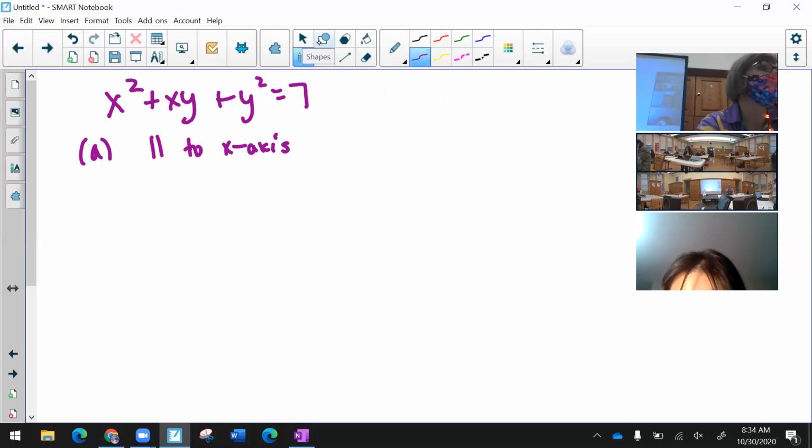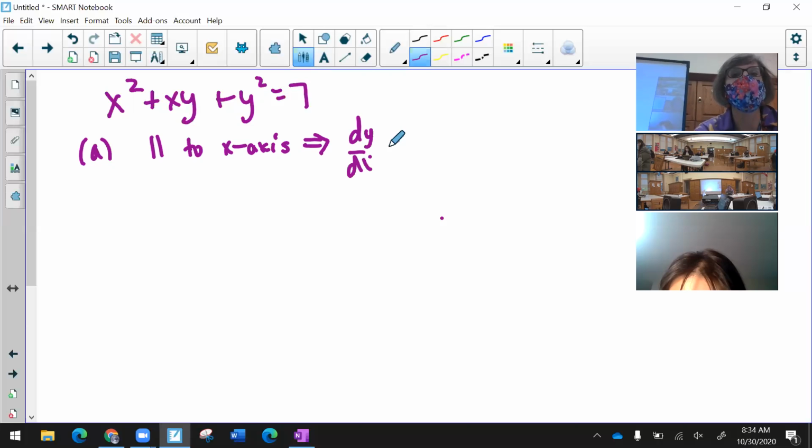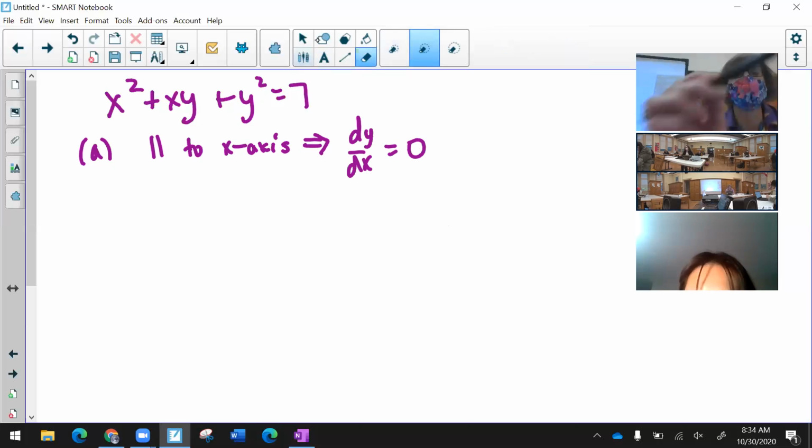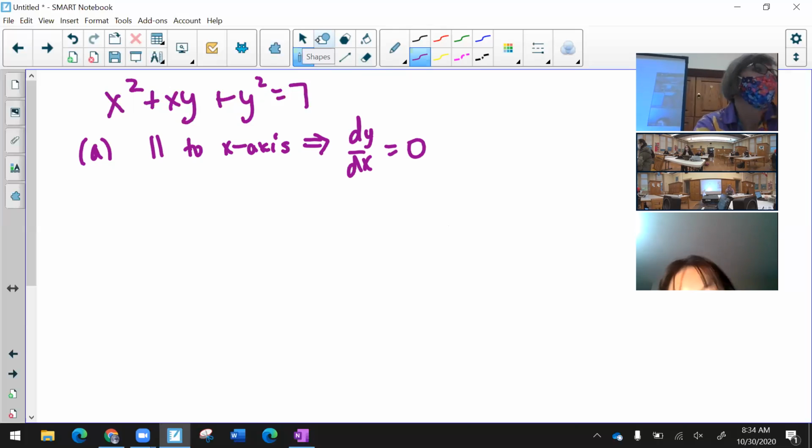Okay, we just had a line that was parallel to the x-axis. What's the slope of a line that's parallel to the x-axis? 0. So that means that we're looking for the places where dy/dx is equal to 0. So the first thing we have to do is find dy/dx.